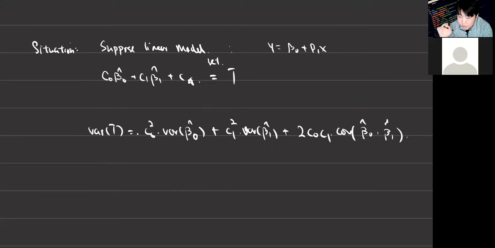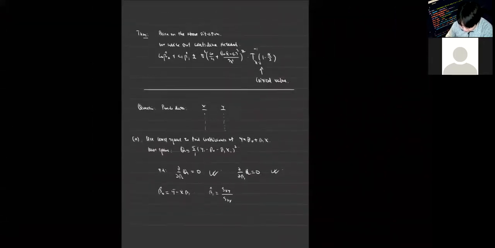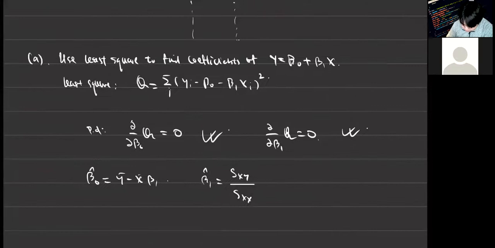So the question is the following: once we arrive at this formula, what are we supposed to do? In the beginning, what did we say? We said that if you fit the OLS, if you fit the least squares, you're going to get something like this. You solve it. It's 2 equations, 2 unknowns.